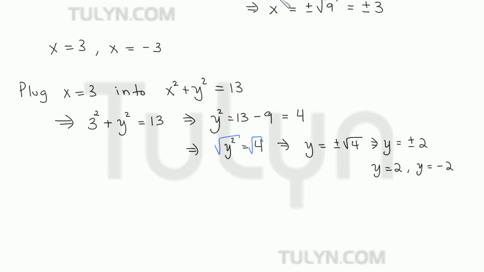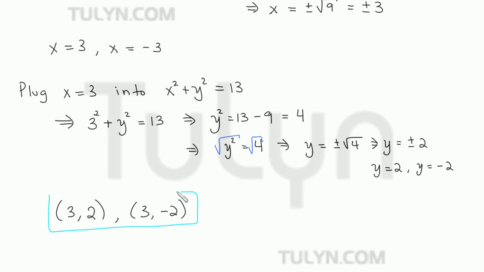So when we're writing the solution sets, we want to write them each in a pair. So in the ordered pair x comma y, we have 3 comma positive 2, and then 3 comma negative 2.